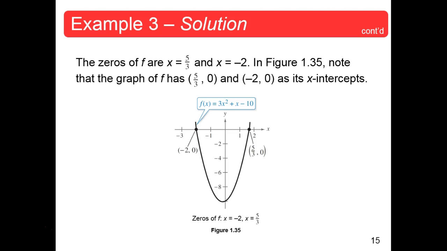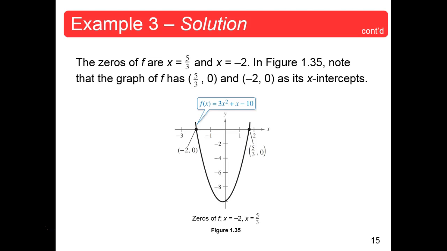All right. Now, here is actually a graph of that function, and we'll see what we mean by the zeros. This is a graph of f of x equals 3x squared plus x minus 10, and because there's no dot at the end of this, it goes on indefinitely in those directions. That is a parabola, and we're looking for the zeros of the function, so that's where the function's equal to 0.